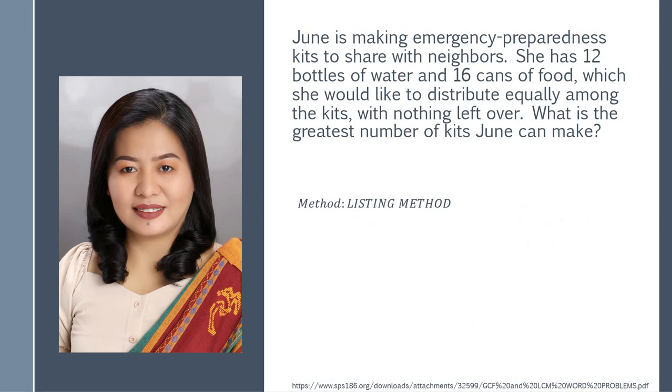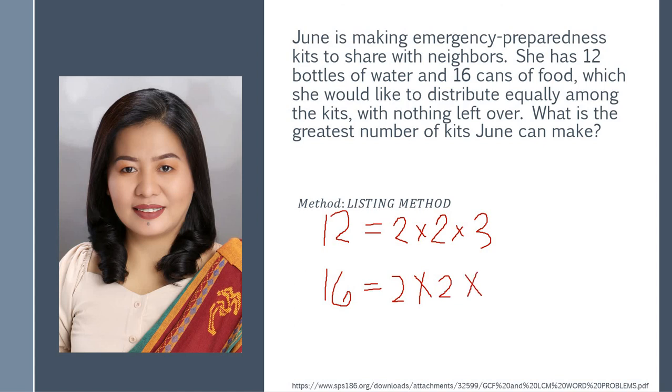So let's see with our last method, the listing method, if we will arrive at exactly the same answer. So 12 gives us 2 times 2 times 3. Then we have 16, 2 times 2 times 2 times 2.